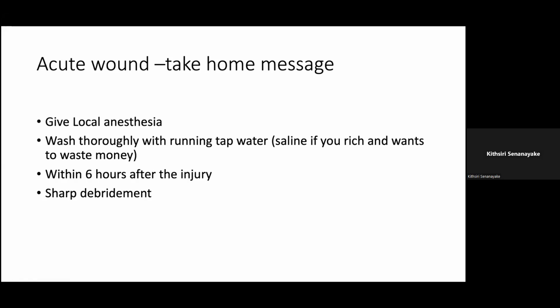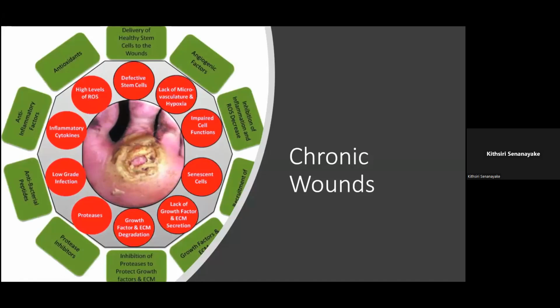Okay. So coming to the chronic wound and our proper topic. The chronic wound, as the name suggests, has an impedance to the healing process. There are multifactorial causes, and I'm not going to talk about those which you have all already heard and know.